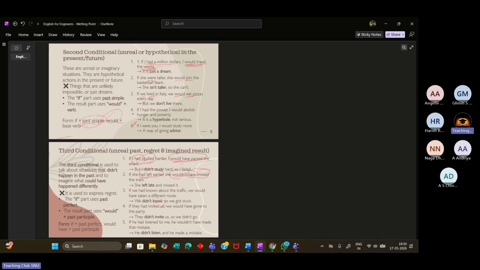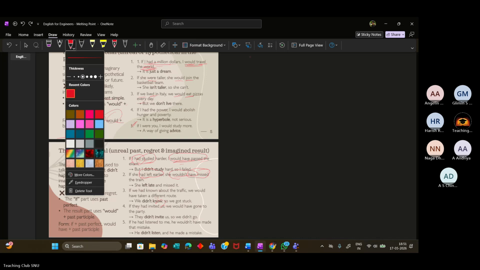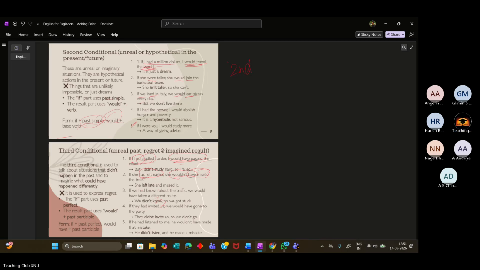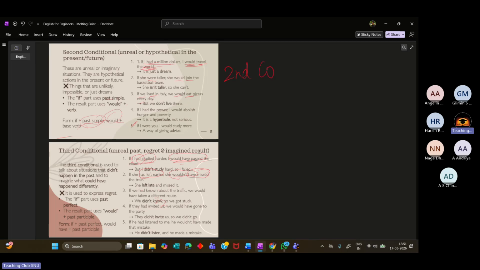In the second conditional, the condition will sound like it's in the past, but the result will sound like it's in the present.